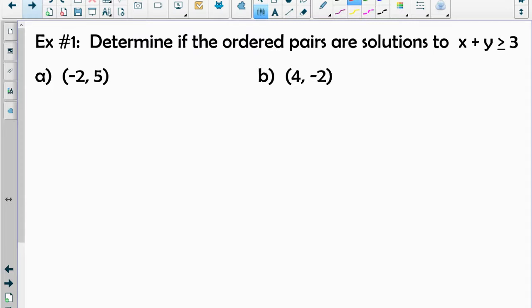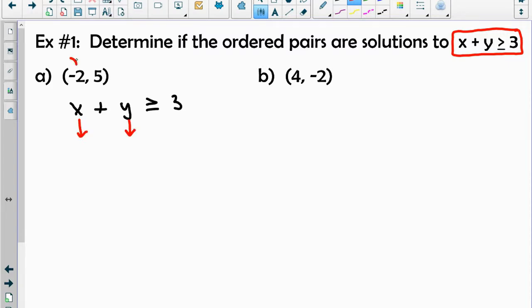Example number 1 says, determine if the ordered pairs are solutions to x plus y is greater than or equal to 3. So for example A, we take our inequality, x plus y is greater than or equal to 3, and we replace the value of x and the value of y.